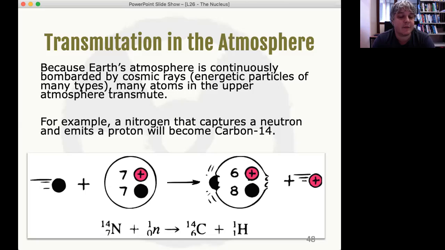We still end up with a mass of 14, but now we've gone from having 7 protons into having only 6 protons. So effectively, that atom has taken the neutron in and got rid of a proton. It's swapped a proton for a neutron, and it's become a carbon-14 atom. And this happens all the time up in the atmosphere. It happens a lot. So our atmosphere is full of these carbon-14 atoms.